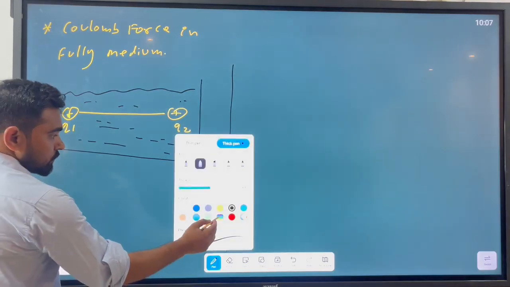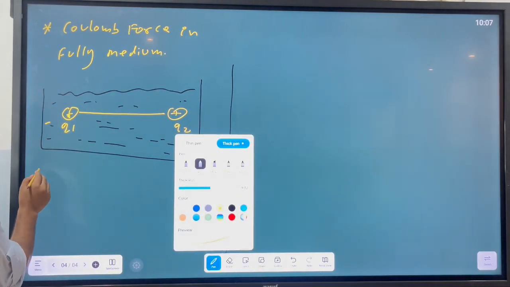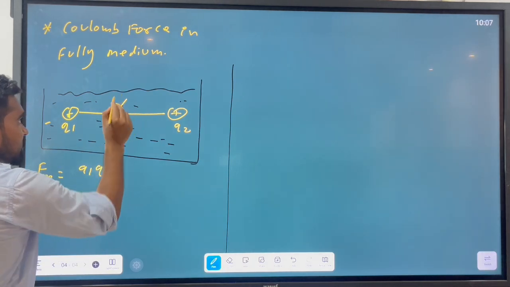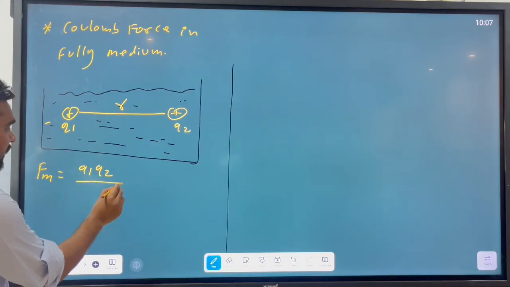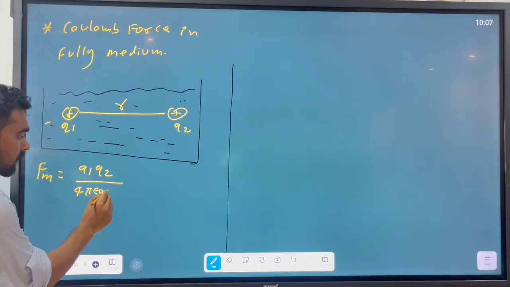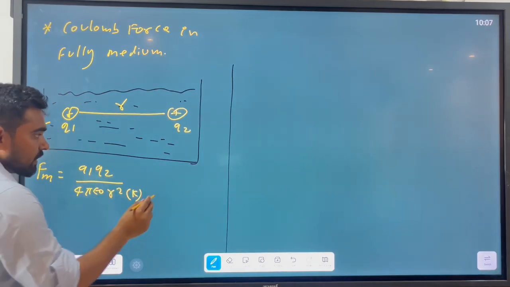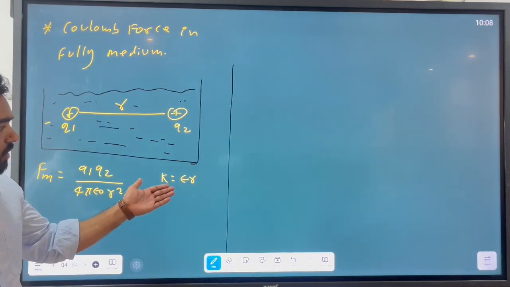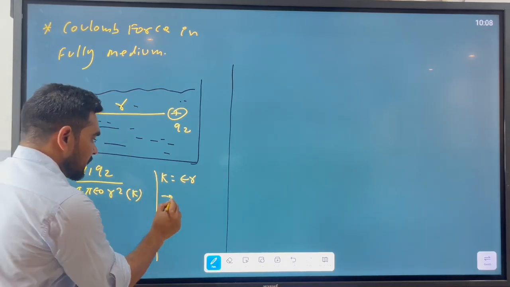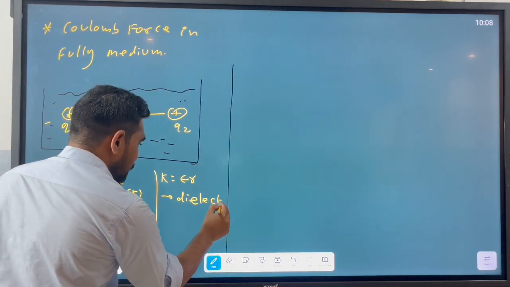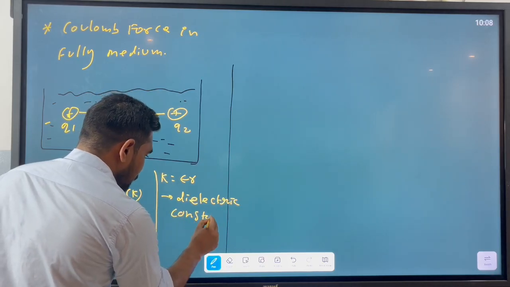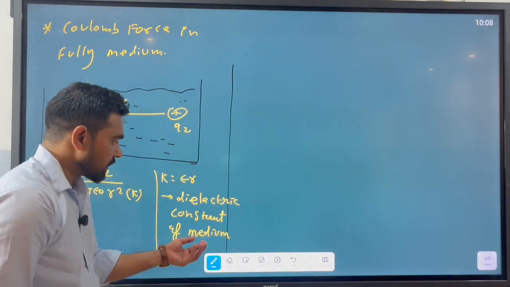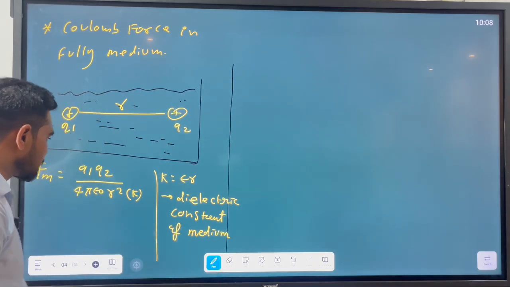Coulomb force in medium, Fm, equals Q1 times Q2 divided by 4 pi epsilon naught r square multiplied by K, where r is the distance between both charges. K is the dielectric constant, also written as epsilon r. This is the dielectric constant of the medium, and it is unitless and dimensionless.